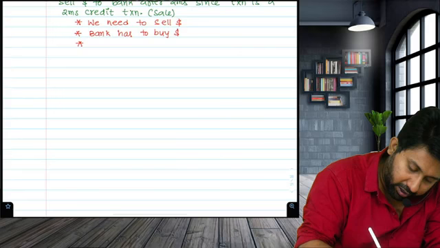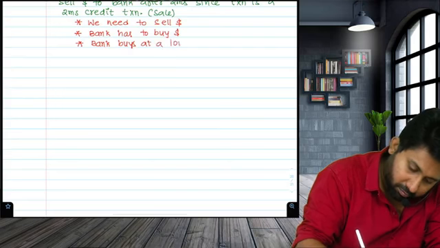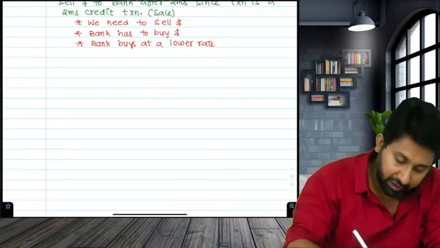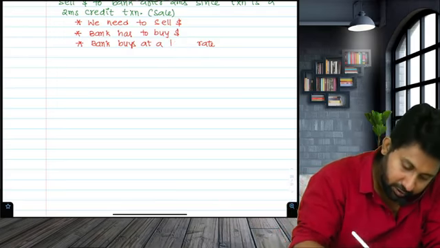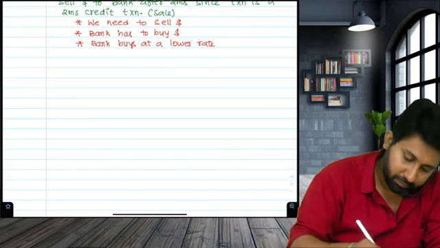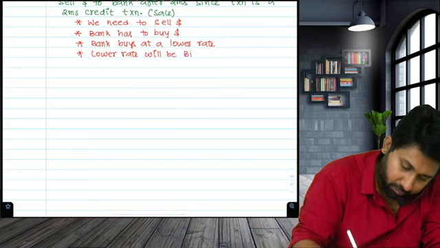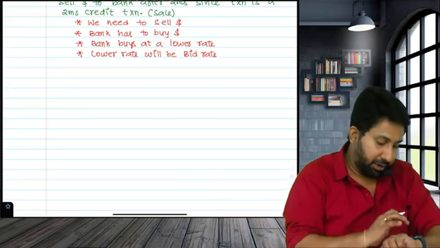The bank has to buy dollars. The bank buys at a lower rate. The lower rate will be the bid rate.